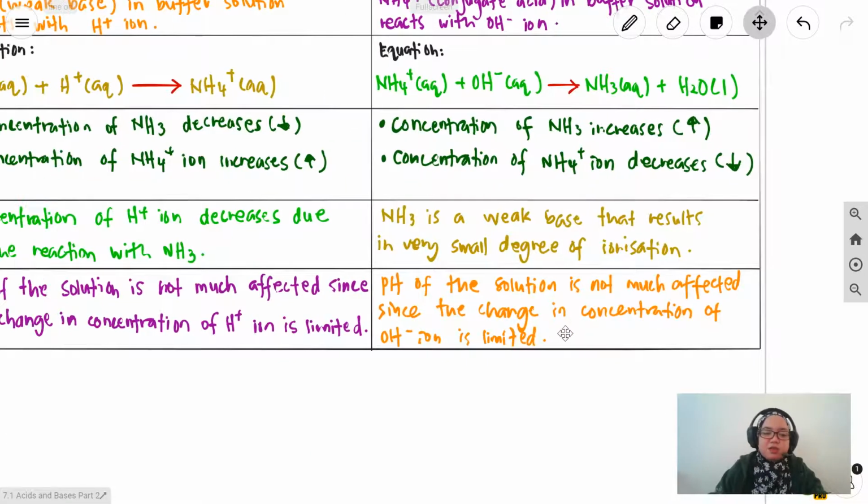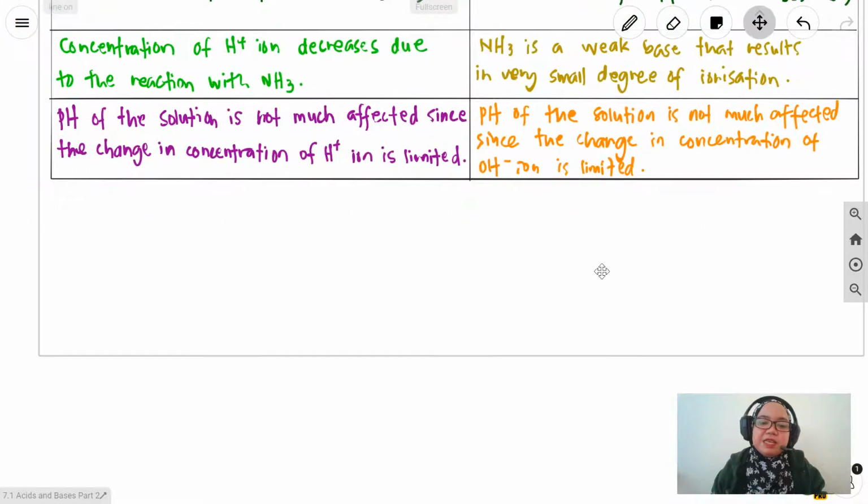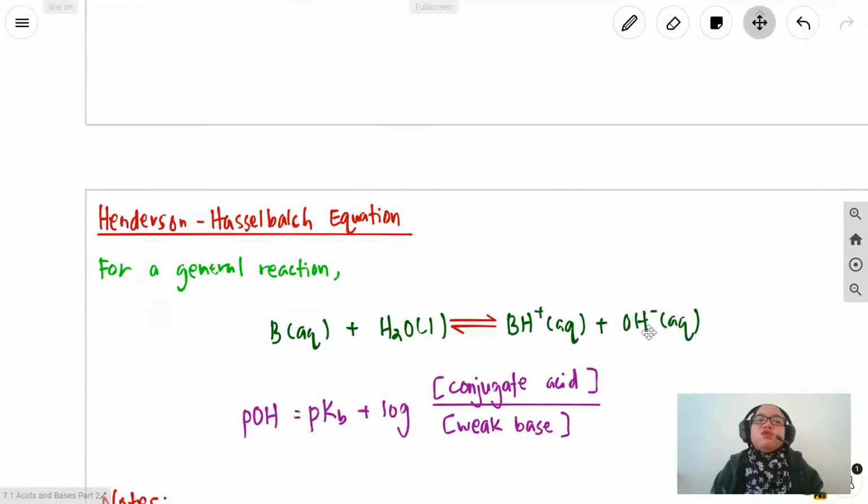Okay, so now for basic buffer solution, we also use the Henderson-Hasselbalch equation to calculate its pOH. Okay, so when we calculate pOH, we can calculate pH too, right? So it's the same, right? But for calculation for basic buffer solution, this is how you do it.